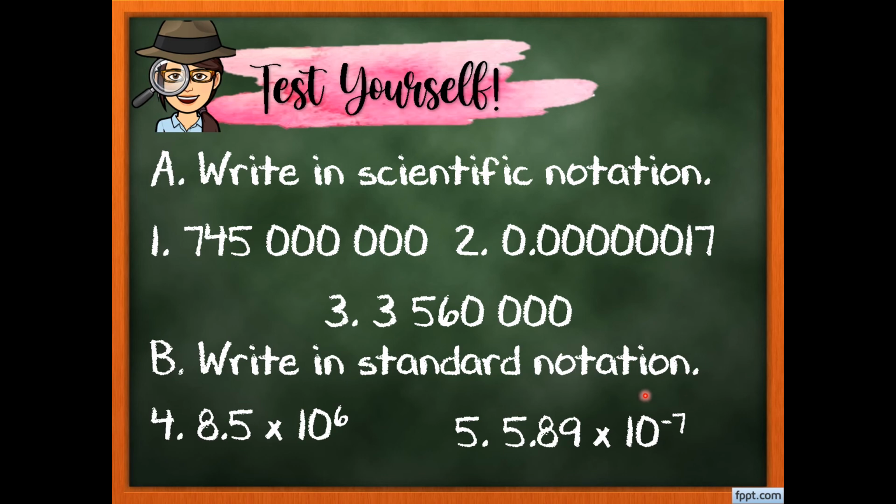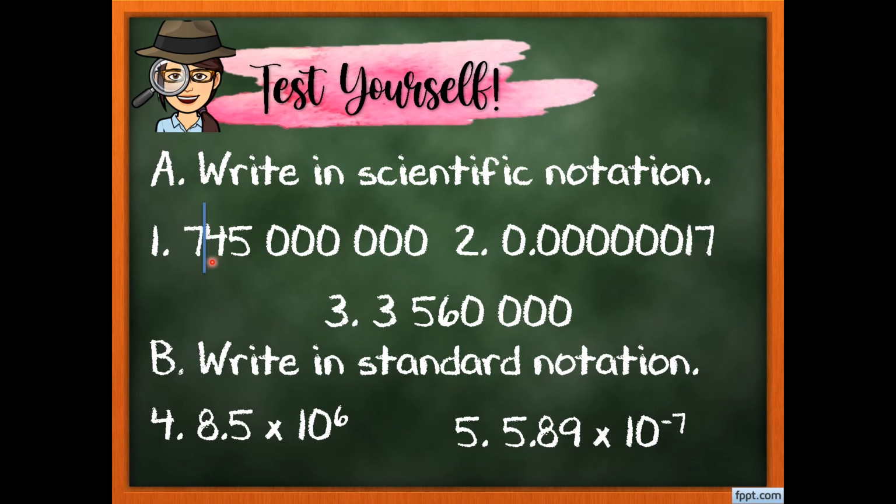Okay, now let us check your answer. So number 1, you need to convert it into scientific notation, 745 billion. So first, we need to move the decimal point going to the left to the first non-zero digit on the left of the decimal point. So we will move between 7 and 4.